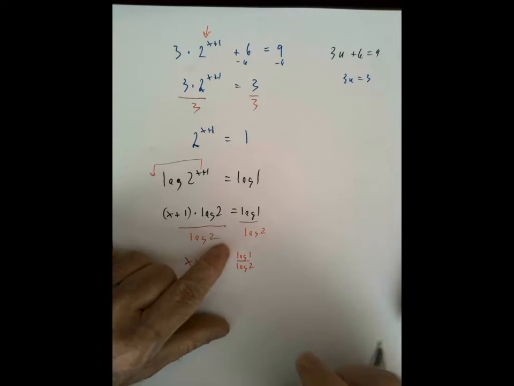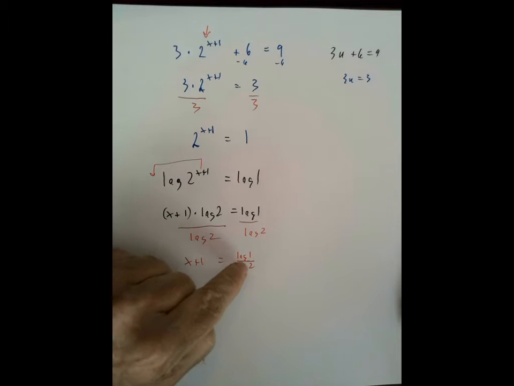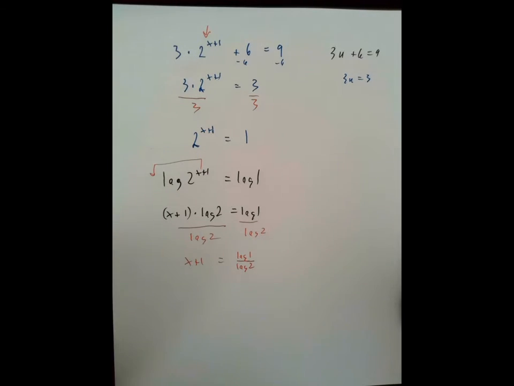Now, let's be clear, that's not log of 1/2. The logs don't combine that way. Subtraction on the outside, like log 1 minus log 2, would give us log 1/2 on the inside, but those don't combine like that.